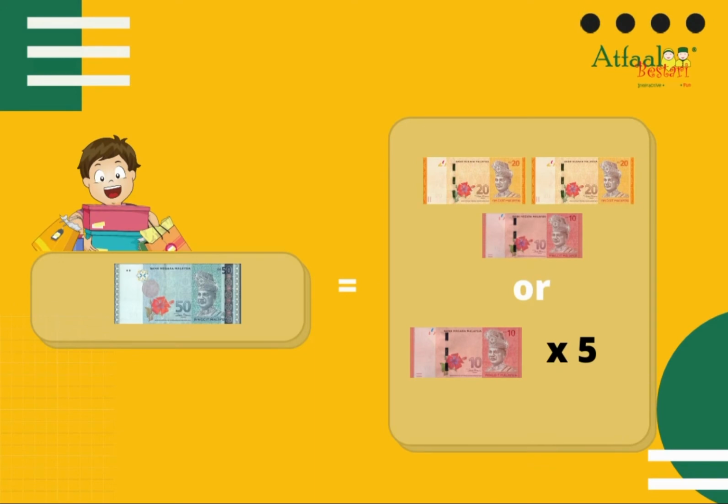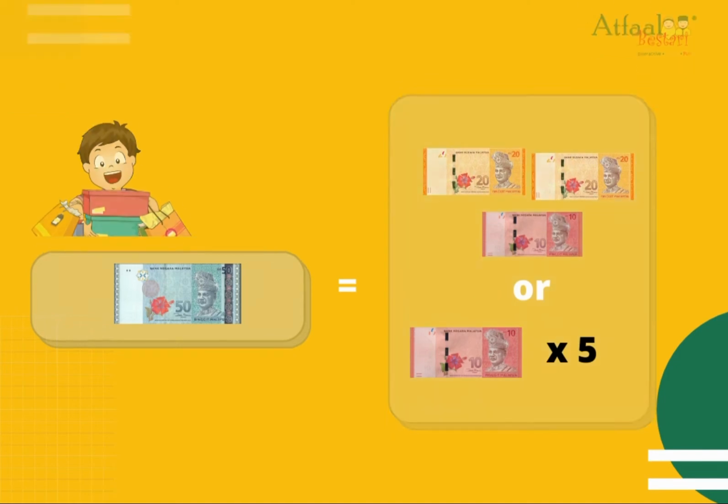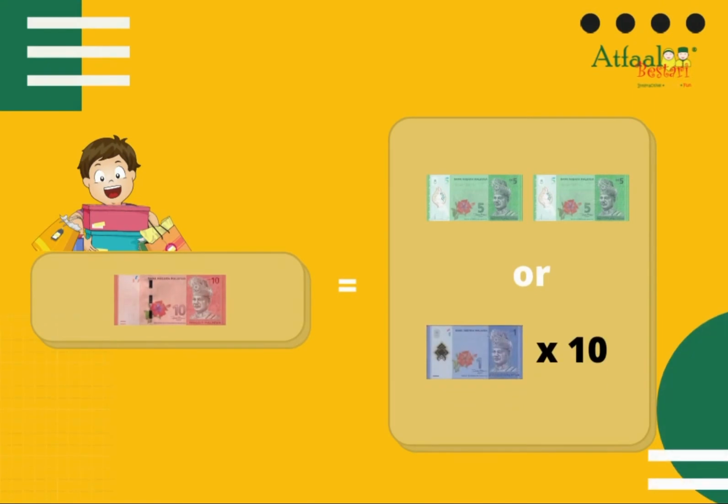Next is 50 ringgit. 50 ringgit equal 2 times 20 ringgit plus 10 ringgit, or 5 times of 10 ringgit. 10 ringgit equal 2 times of 5 ringgit, or 10 times of 1 ringgit.